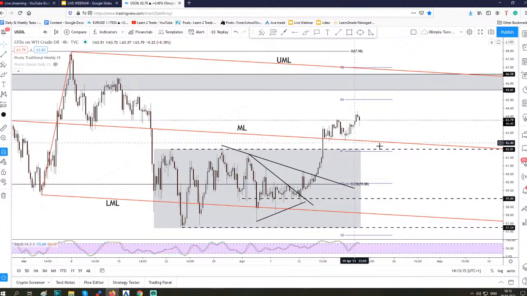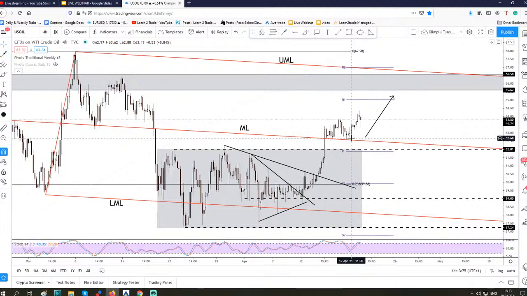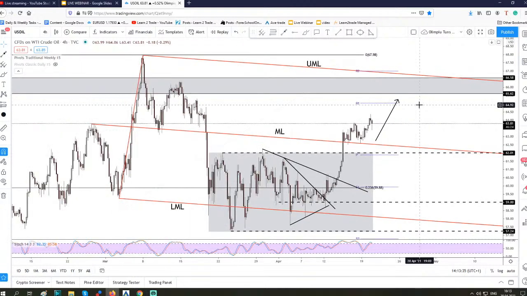Okay, so that's why we believe that the crude oil could still increase, right? After this valid breakout here above the medium line, we still believe that the US oil could continue to increase, and maybe it will approach and reach the upper medium line of the descending pitchfork here.